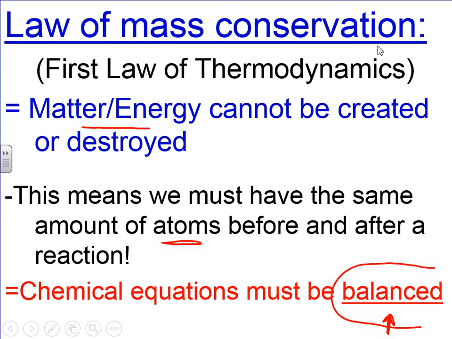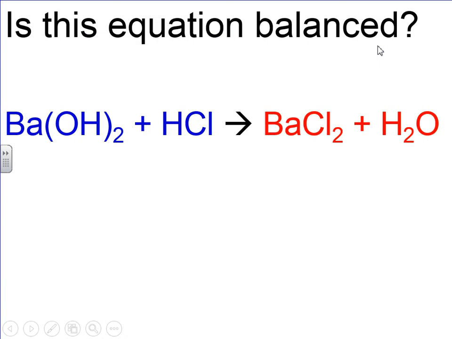So let's take a look at that same chemical equation we began with and ask this question: is this chemical equation balanced? The way to look at it is to count how many bariums you have on the left and on the right side, and do the same thing with the rest of the elements. So if we keep a little accounting, here we have barium on the left and barium on the right. It looks like we have one barium on the left, here he is, and one barium on the right, here he is. So we have 1 and 1.